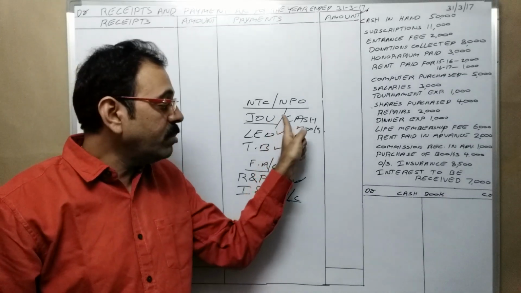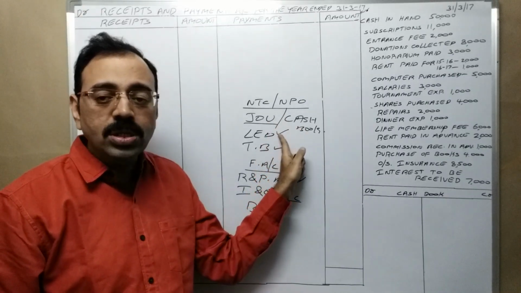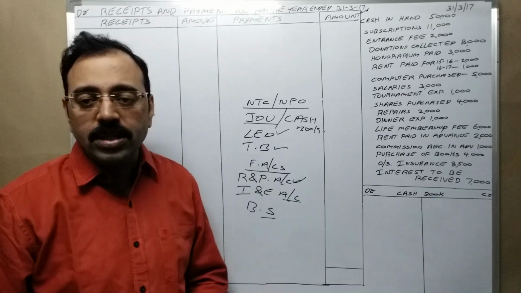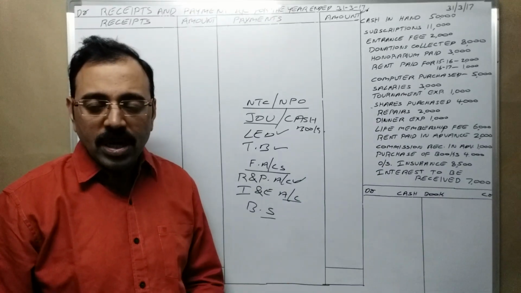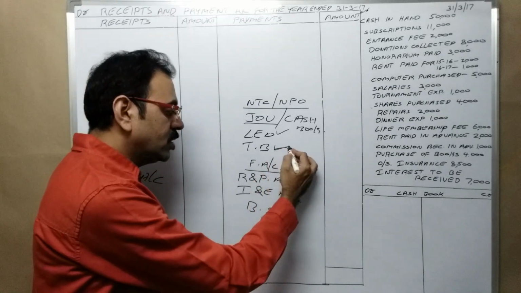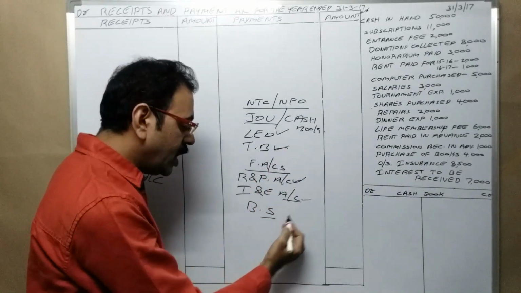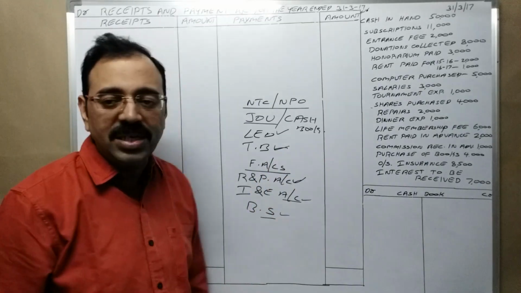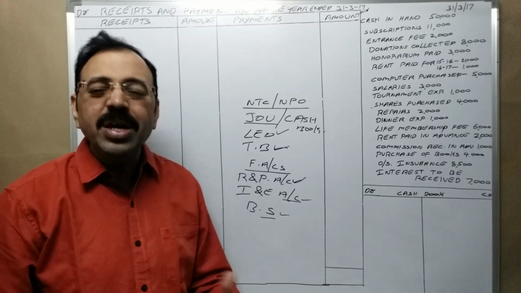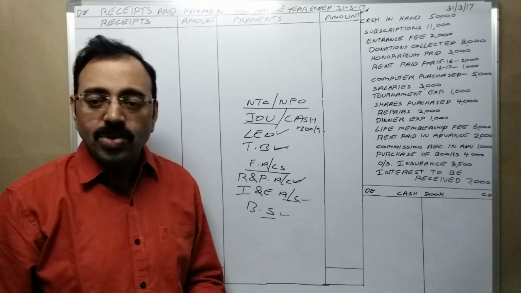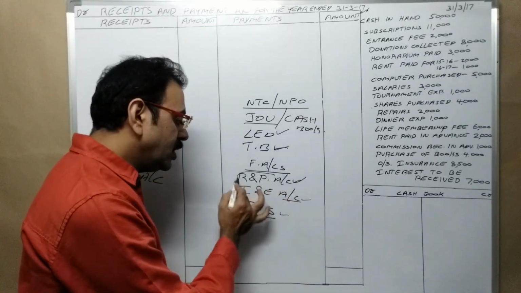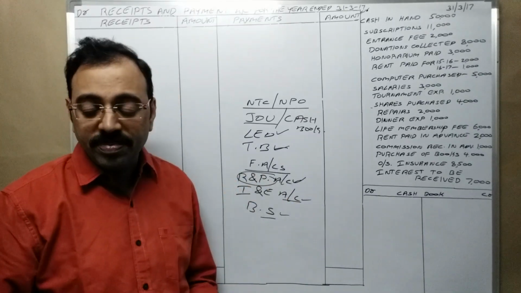To check the arithmetic accuracy of accounts, they should prepare trial balance. So NTC too prepares trial balance. But based on trial balance, if you want to prepare income and expenditure and balance sheet, it is a little bit inconvenient. Clear? So we depend on receipts and payments account.